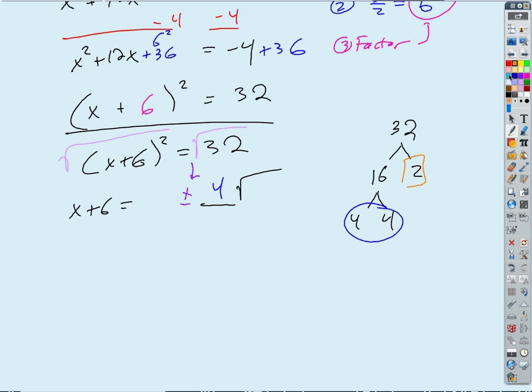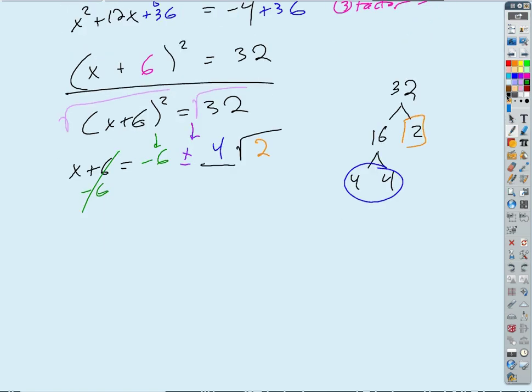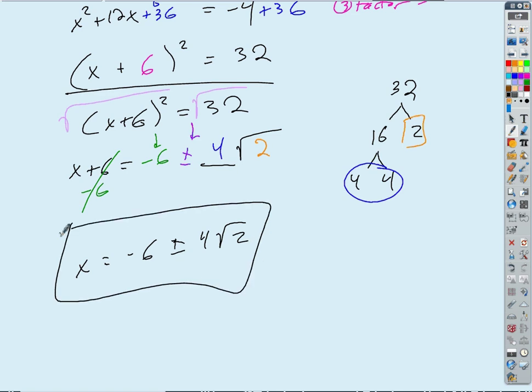What stays in? 2. And then last step? Yeah, I'm gonna put it right there, aren't I? So -6. And so my two answers then are x equals -6 plus or minus 4 radical 2. Okay. Good? Okay, flip your desk around and work.